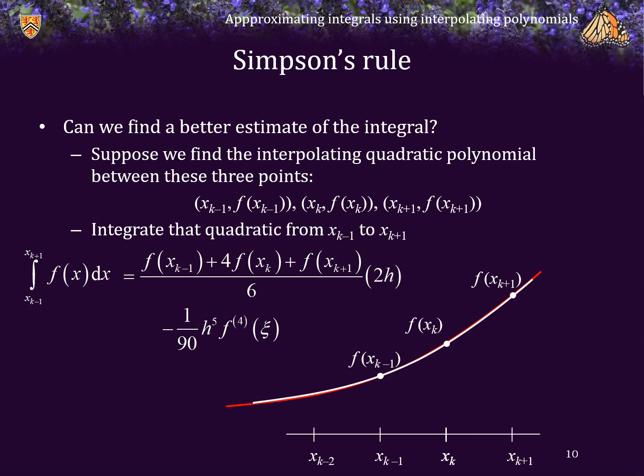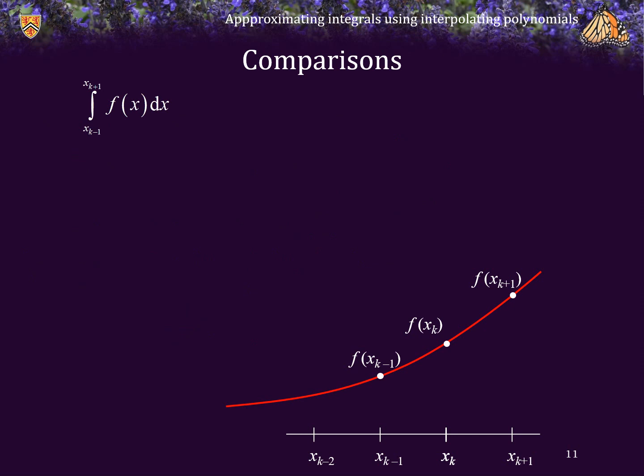All right, let's compare the 3 previous techniques for calculating the integral from x sub k minus 1 to x sub k plus 1. Now, for the Riemann sum, what we're going to do is apply the definition on just those 2 intervals.